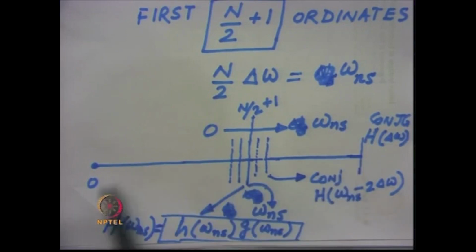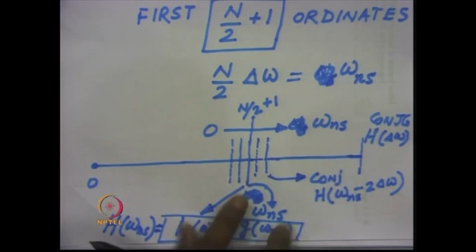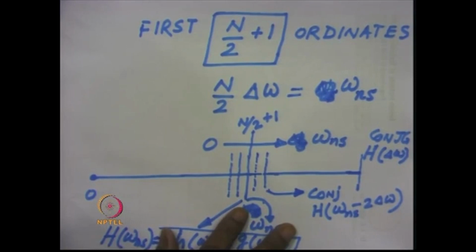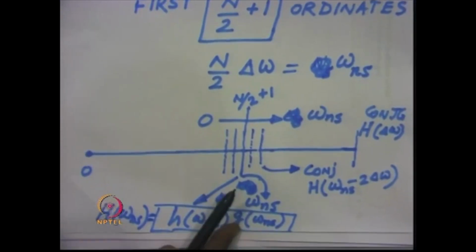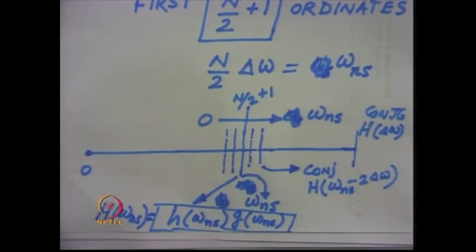So, in that fashion, if we take 32 sampled values of the ground motion, then we will get 32 h omega values and capital H omega values. This capital H omega value is nothing but the small h omega value multiplied by the frequency contents of the ground motion, and this multiplication is a quantity which is a complex number.